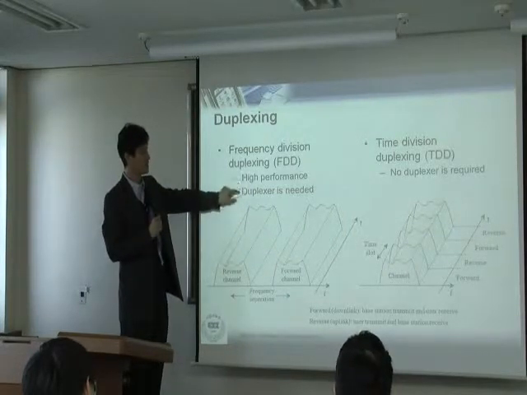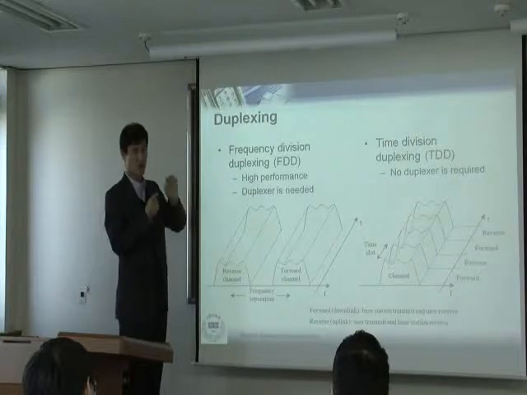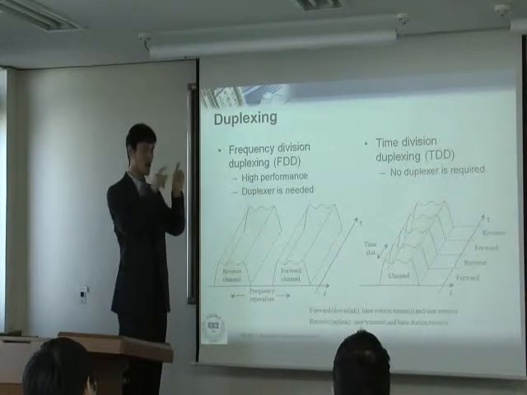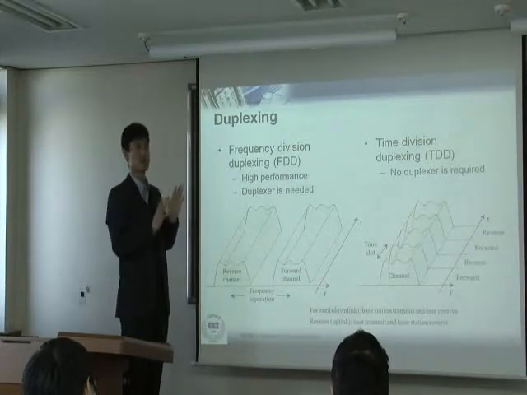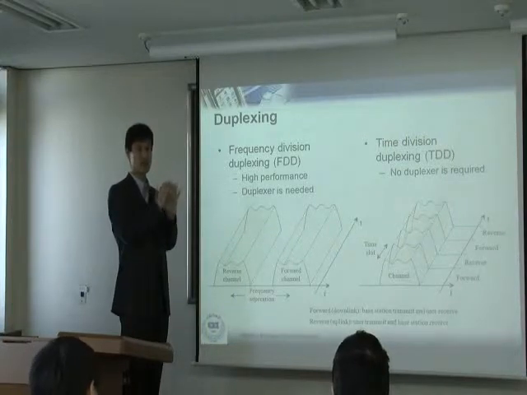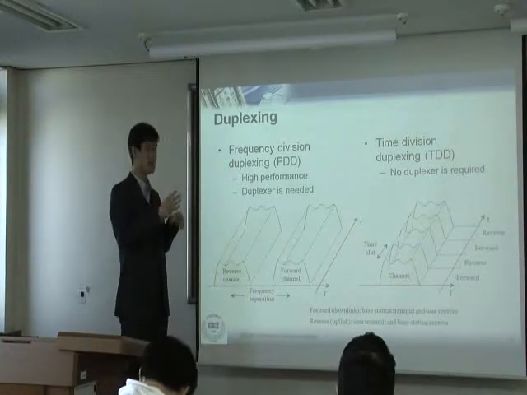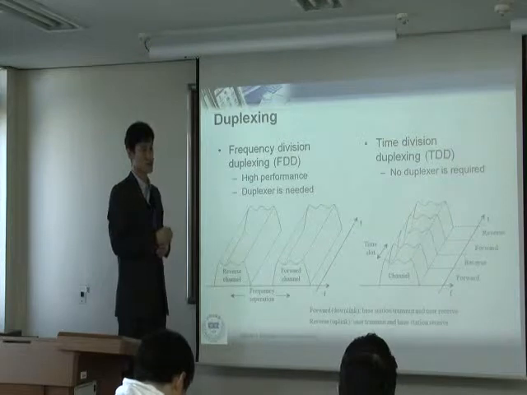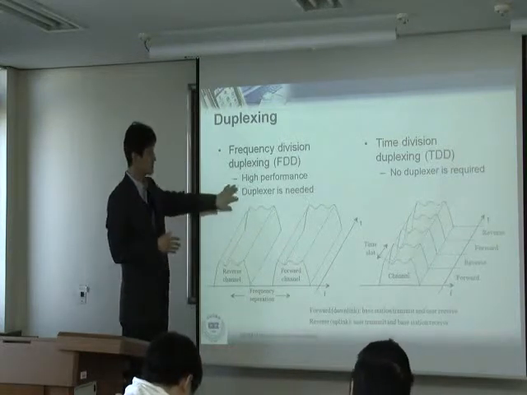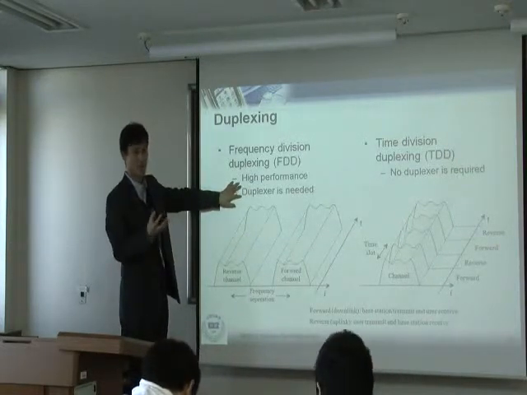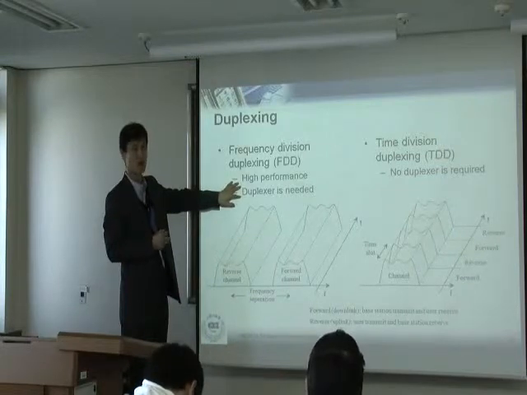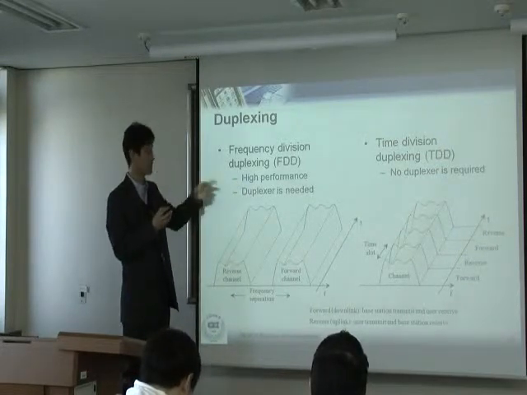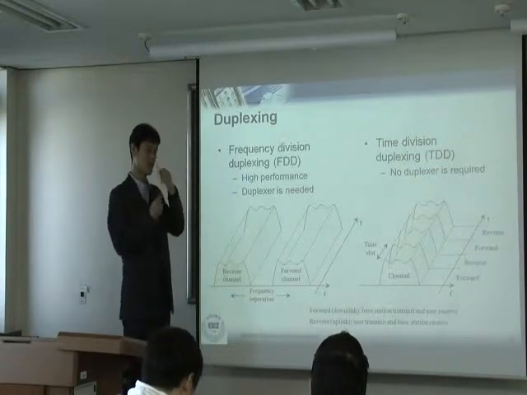So you have some very special stone. If you look inside this stone, there are some very special patterns. And how you design the pattern into the stone decides your filter characteristics. So it's a very special one, and not many companies can make this. There are only a few companies in the world that can make this duplexer device.